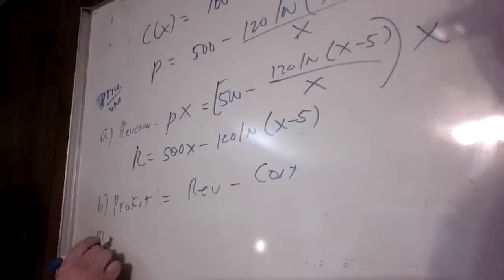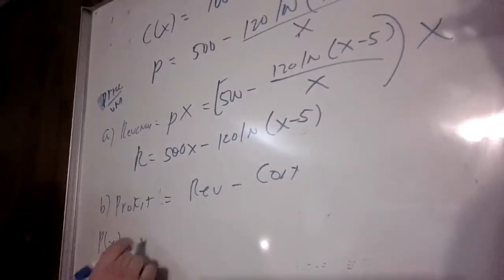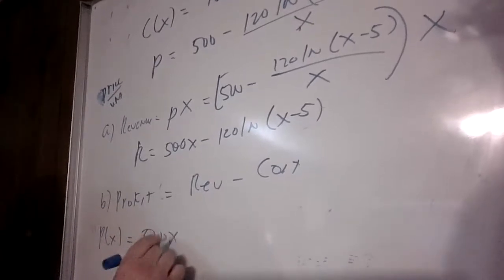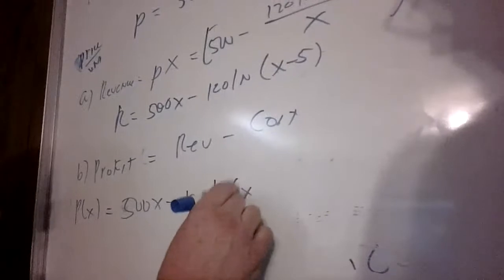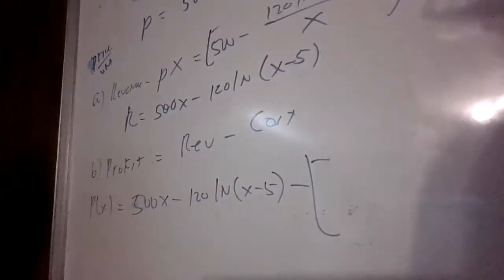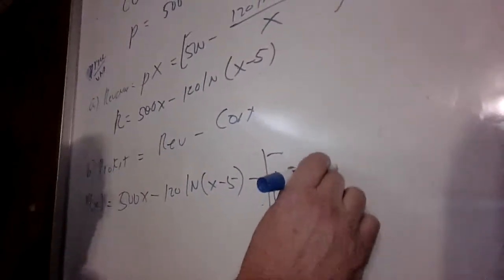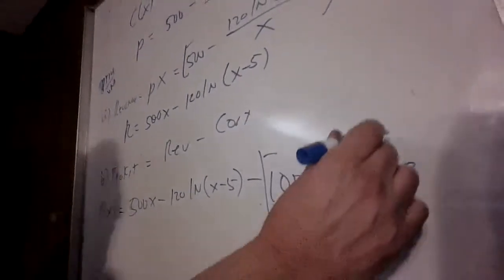So the profit is going to be 500x minus 120 log of x minus 5 minus the costs. And the cost is going to be 100 minus 200 e to the 0.1x.